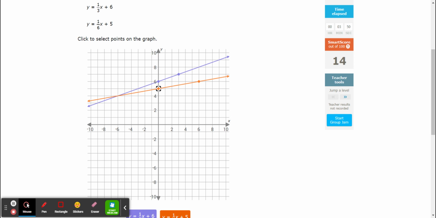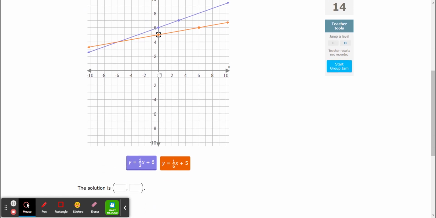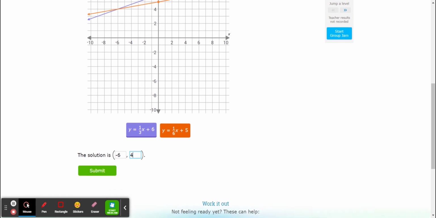It intercepts right here. To figure out what point that is, I go left 6, which would be a -6, because I always do my x value first, and then I went up 4. So my solution is -6, 4.